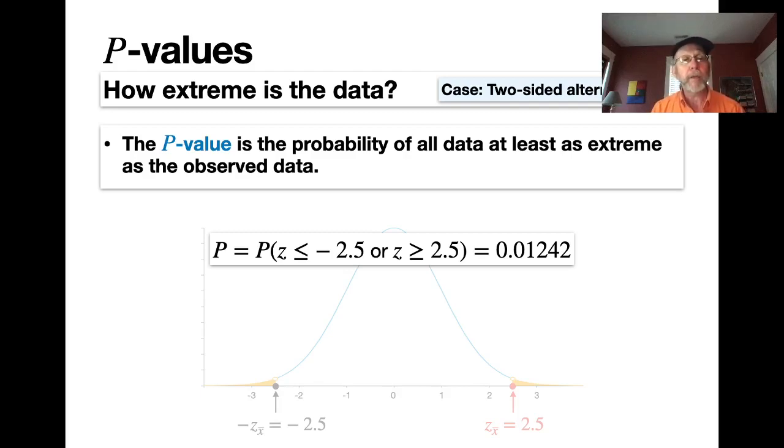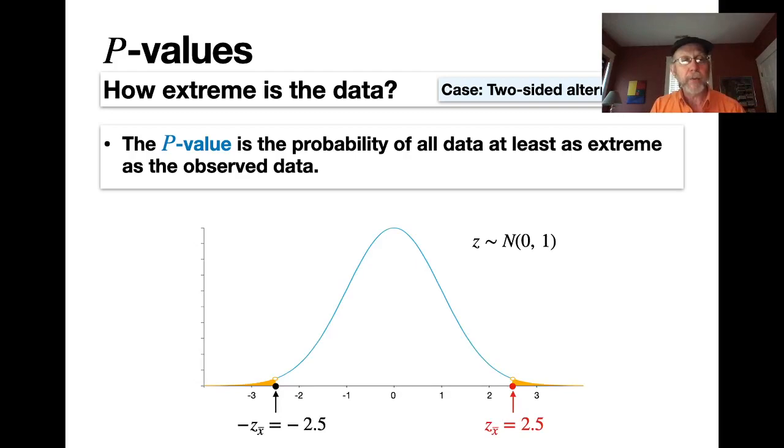It's the probability of all data at least as extreme as the observed data. One thing I'd like to point out here, and let me go back a slide to do this, is that as the data becomes more extreme, right, further out in the tails, the p-value gets smaller. So small p-values correspond to more extreme data. The smaller the p-value, the more extreme.